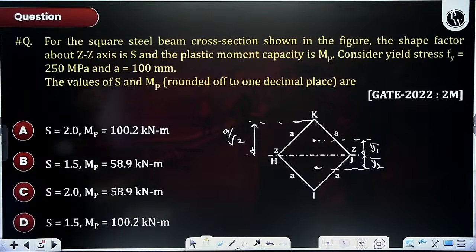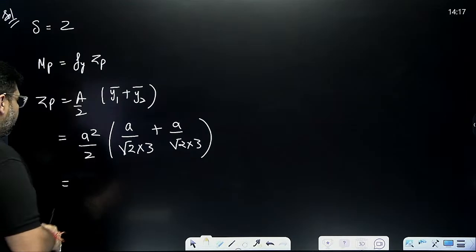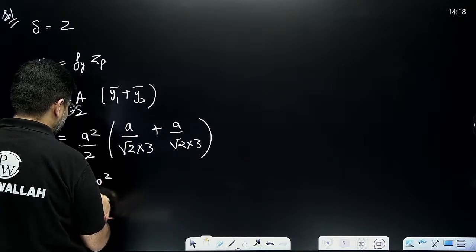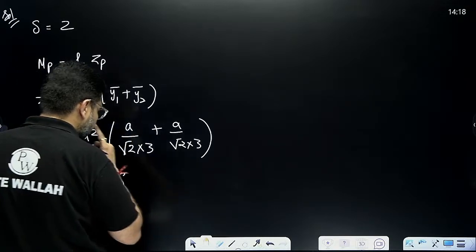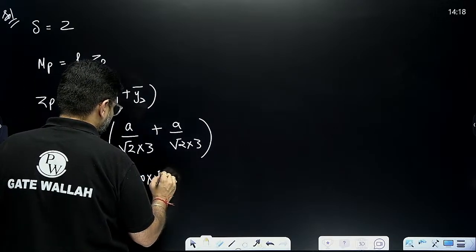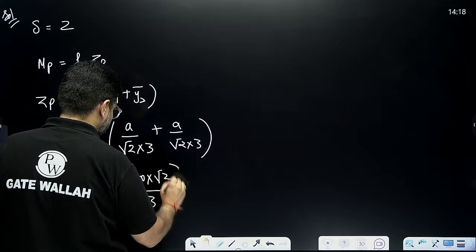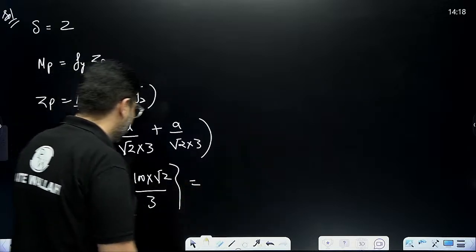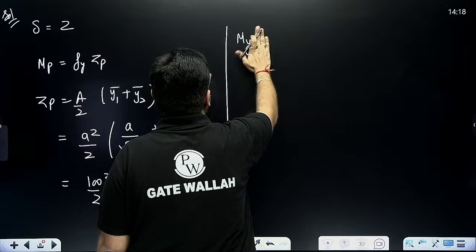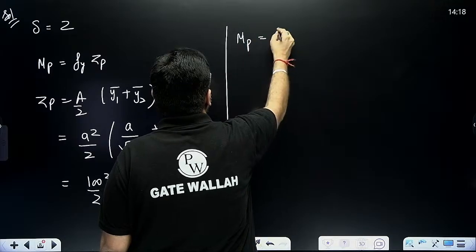A is how much? 100 mm. So A is 100 mm here. So A square, that is 100 square divided by 2, into A root 2, that is 100 root 2 by 3, is equal to how much? And MP will be equal to Fy into ZP.